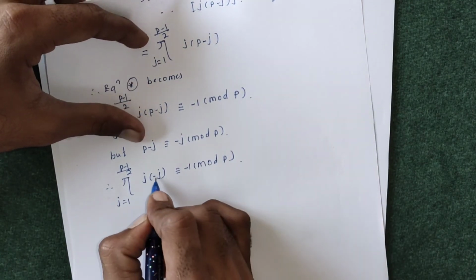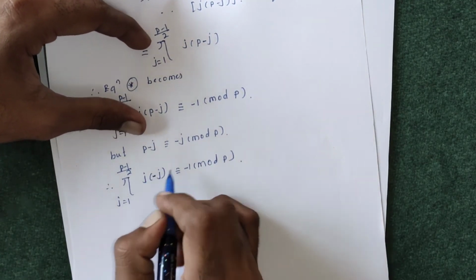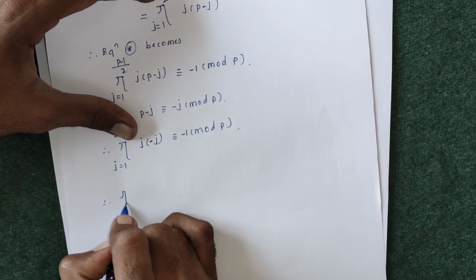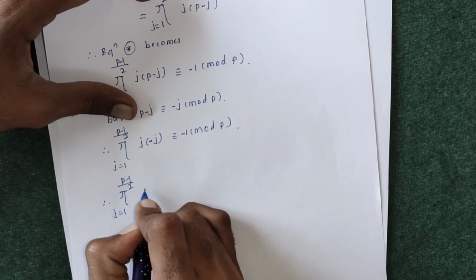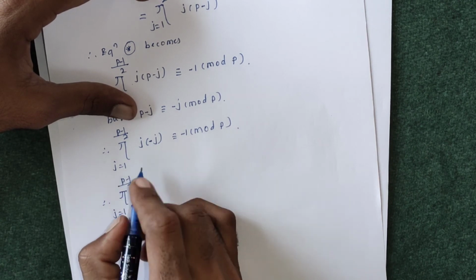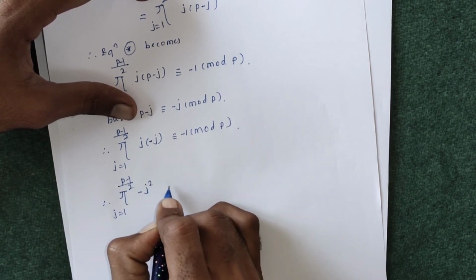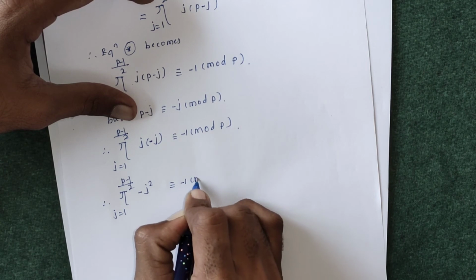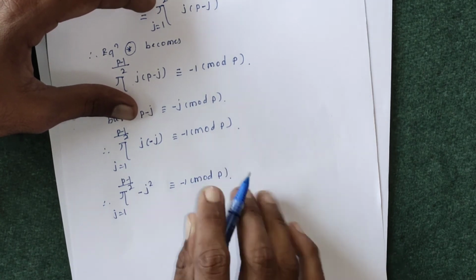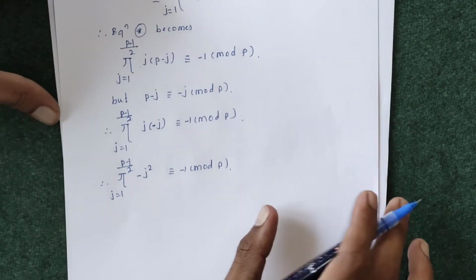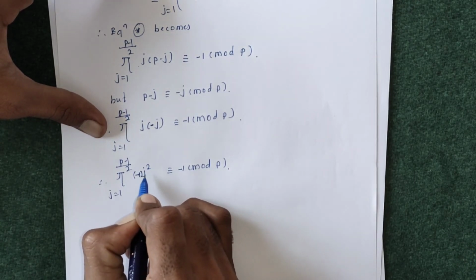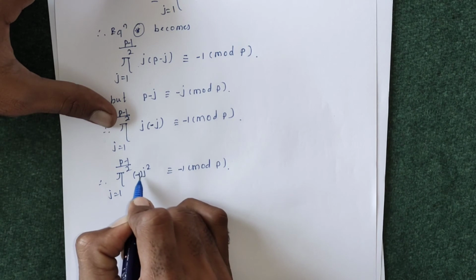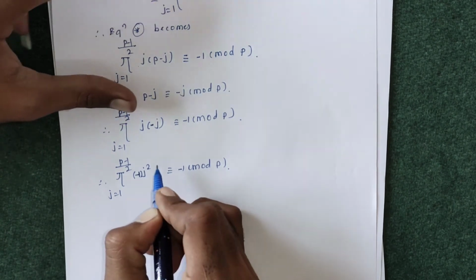Now j into minus j is minus of j square, so we can write the product of j running from 1 to (p minus 1)/2 of minus j square, which is congruent to minus 1 modulo p. Therefore instead of minus of j square we can write minus 1 into j square.